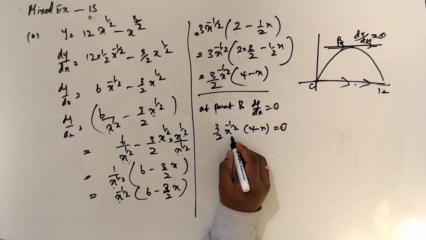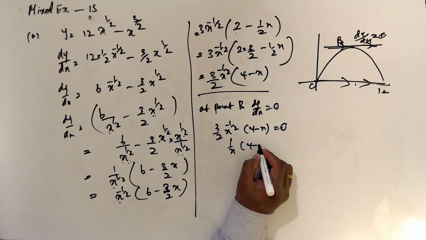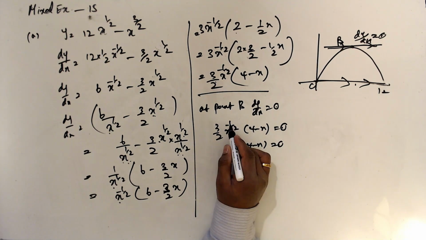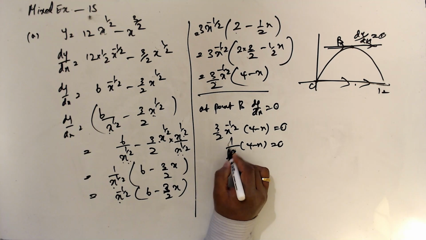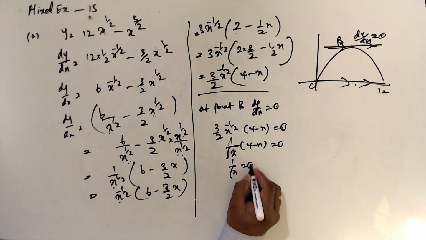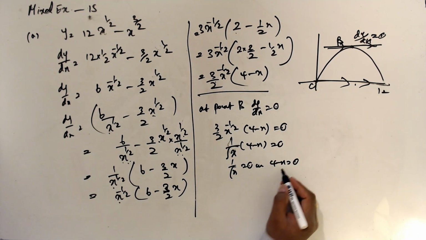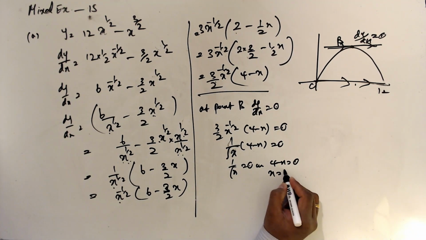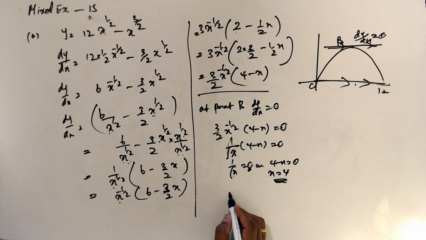Now this is 1 over x times (4 minus x) equals 0. x to the minus half means 1 over square root x. Then 1 over square root x equals 0, or 4 minus x equals 0. And this gives x equals 4. For 1 over square root x to become 0, x has to be infinity.